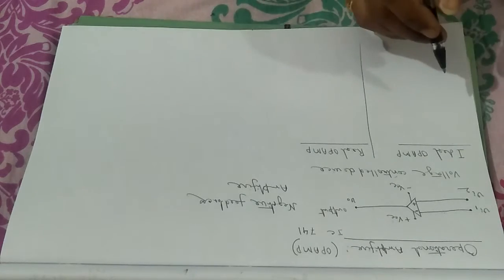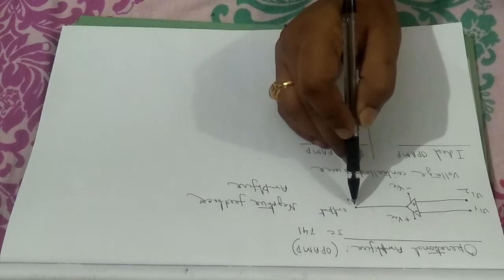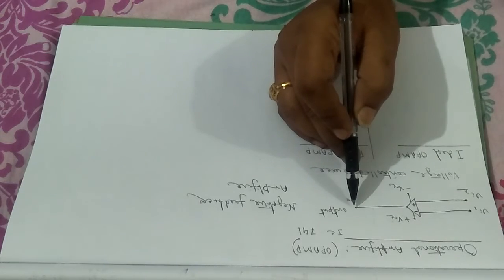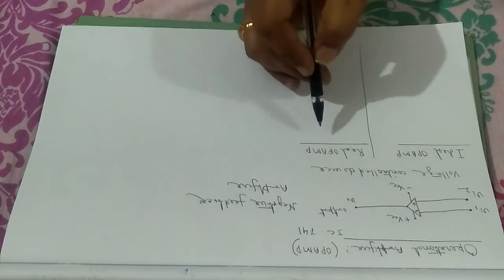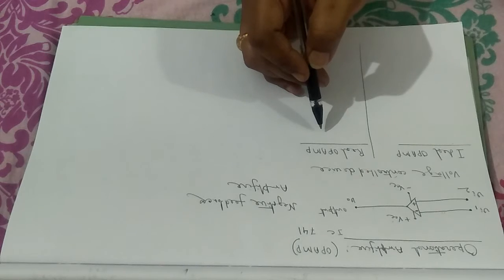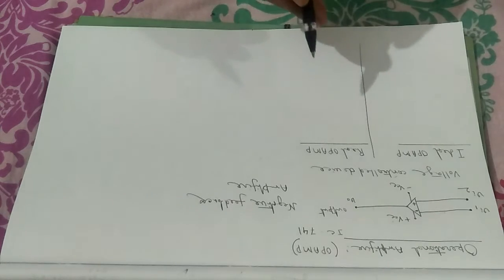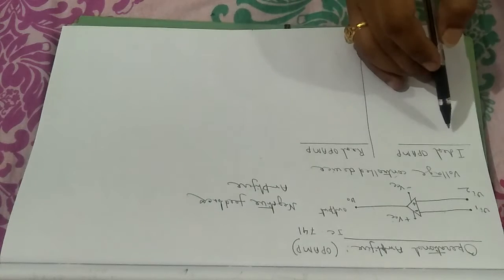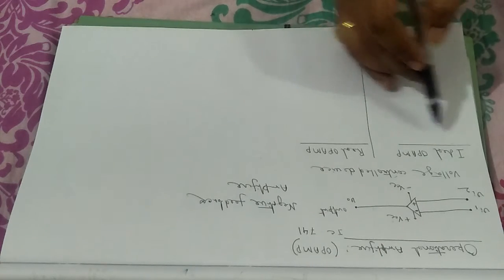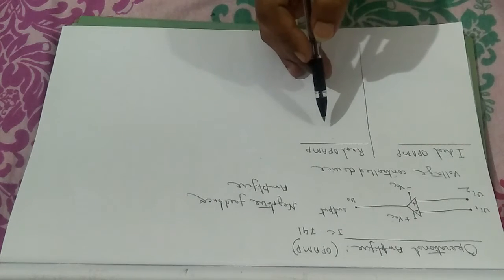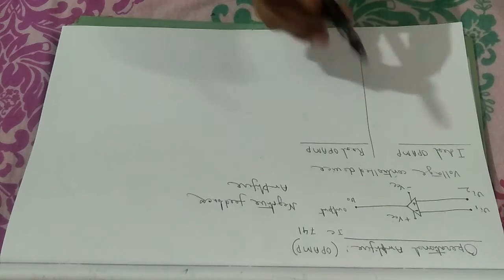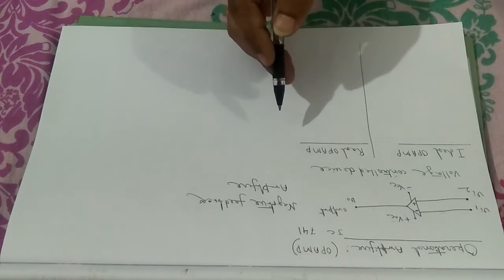The output resistance should be 0 in case of ideal op-amp. But in real op-amp, the output resistance is not 0, but very low, a few ohm. The bandwidth of ideal op-amp should be infinitely high. But in real op-amp, the bandwidth is really high, but not infinity, of the order of some 10 to the power 4 or something.